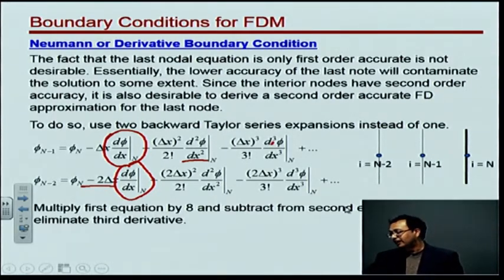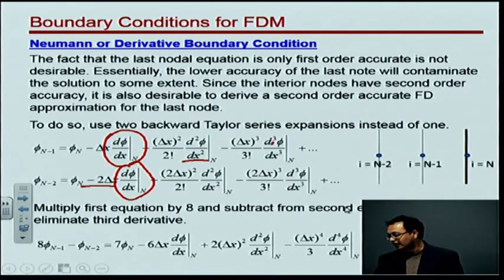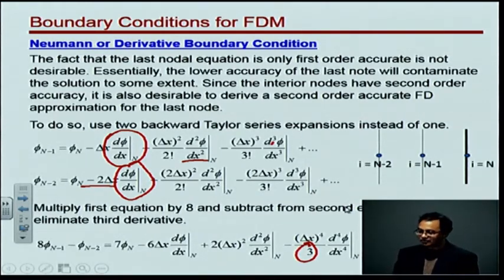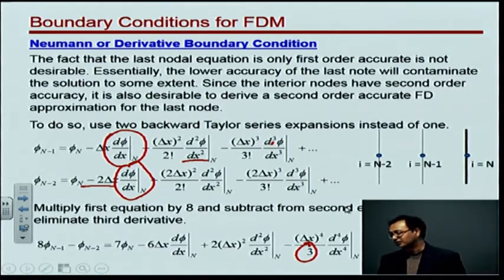So to get rid of that, obviously I need to multiply the first equation by 8 because there's a factor of 8 here, 2 cubed, and then subtract the two equations. And when you do that, this is what you get. Now, incidentally, I noticed this morning that there's an error in this last term that I derived. I think in the notes you have 8/6 or something like that. So just make that correction. It actually comes out to be 1/3.